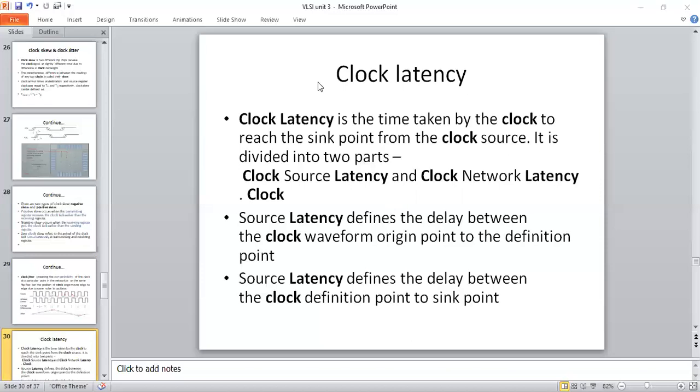Sorry, it is wrong here. So it is not source latency, it is called sync latency. Okay, and it is called the sync latency.